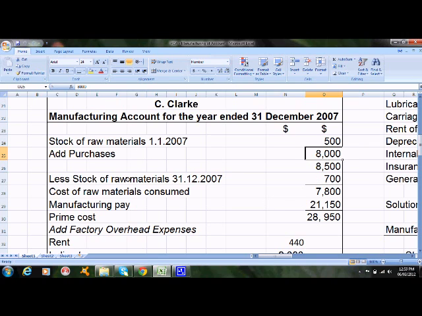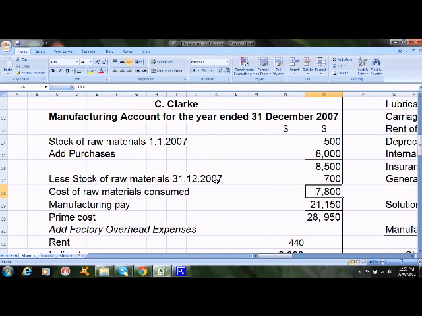Then we less stock of raw materials, which is the closing stock of raw materials, which is 700. You add the 500 plus 8,000, then you less the 700 from the 8,500.